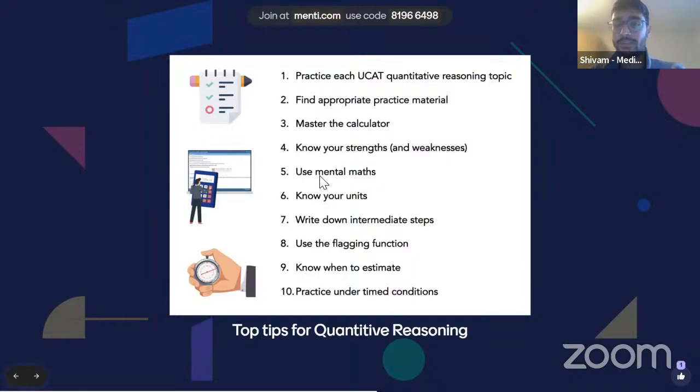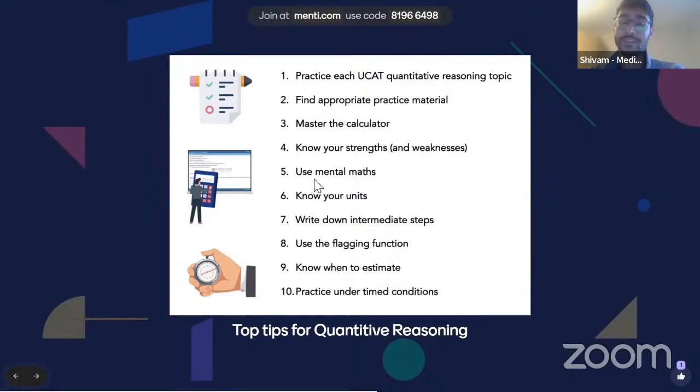The next most important bit is it's imperative that you use mental maths and start practicing your mental maths. So even if it means going back through 1 times 1 all the way to 12 times 12, so that classic table, go through that and just ensure that you're up to date. Another tip that I would say is try to learn what 1 divided by 4 is as a decimal, 1 divided by 6, 1 divided by 8, and 1 divided by 12.